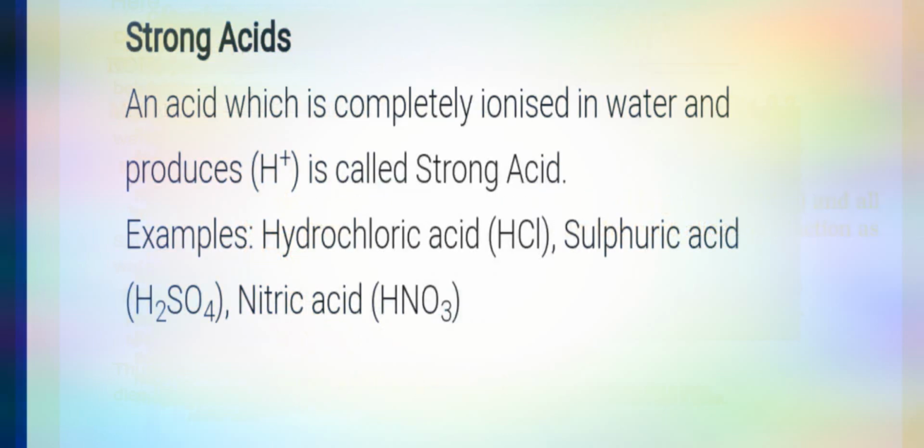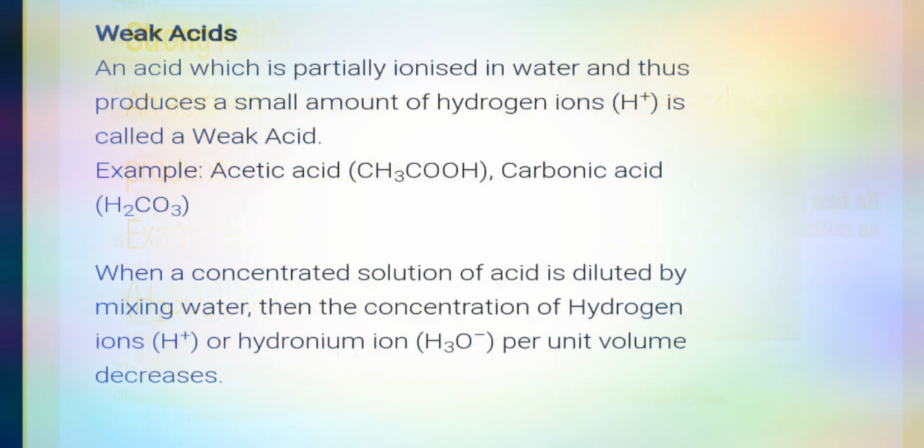Next, what is a strong acid? An acid which is completely ionized in water and produces H plus is called a strong acid. For example, hydrochloric acid, sulfuric acid, nitric acid, etc. They are strong acids. What are weak acids?